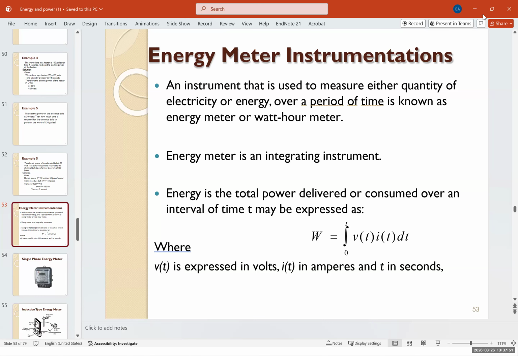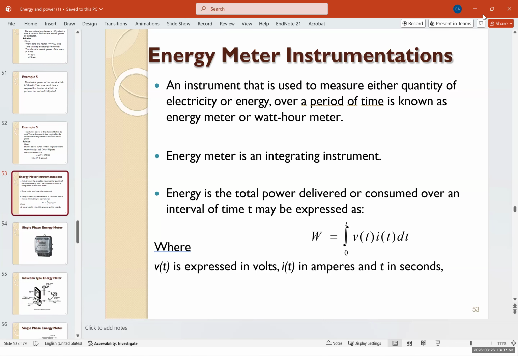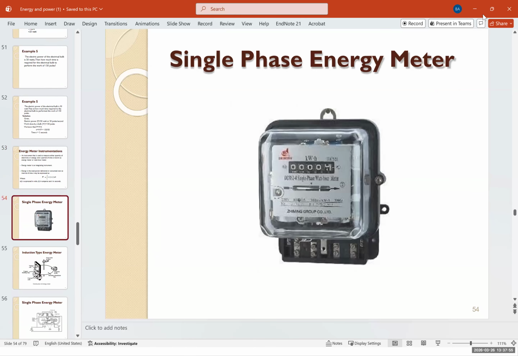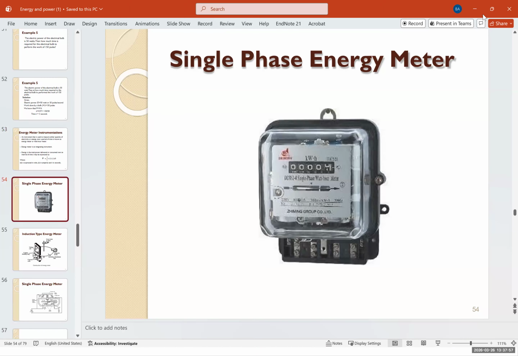Sometimes we also call it a watt-hour meter or energy meter. This is what comes to mind initially as an energy meter. This is a single-phase energy meter. This is a mechanical one. Newer generations are digital, but this one has interesting properties.